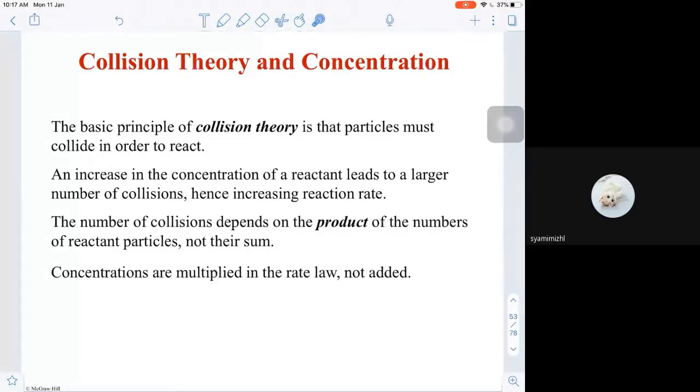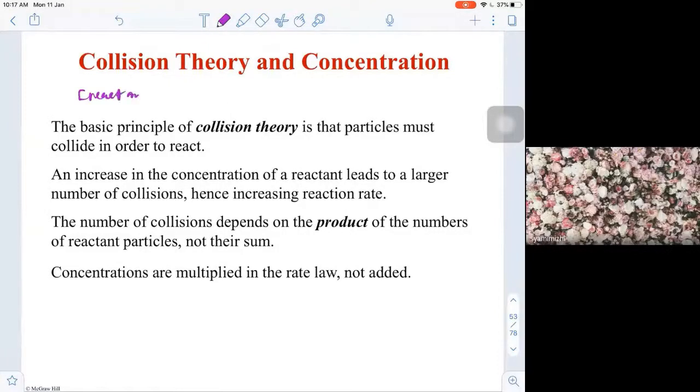Why does increasing the concentration of the reactant increase the rate? This is based on the basic principle of the collision theory, which states that particles must collide in order for them to react.